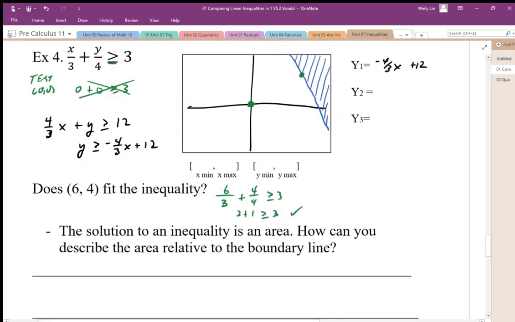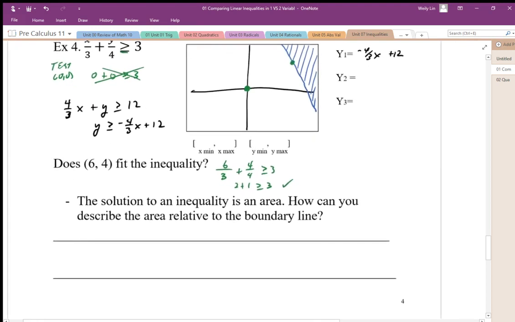We can describe the area relative to the boundary line, and it is the area either above or below the boundary line.